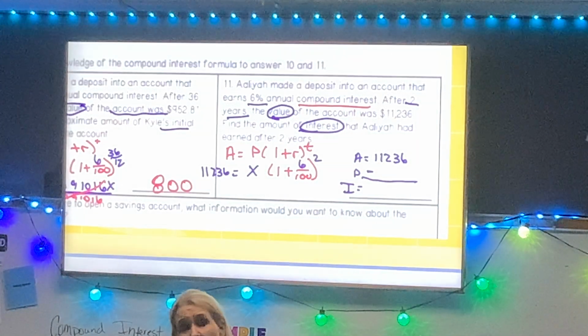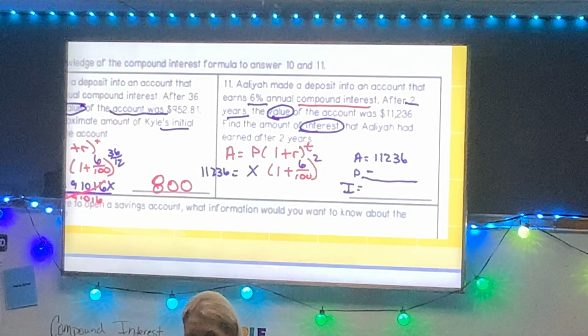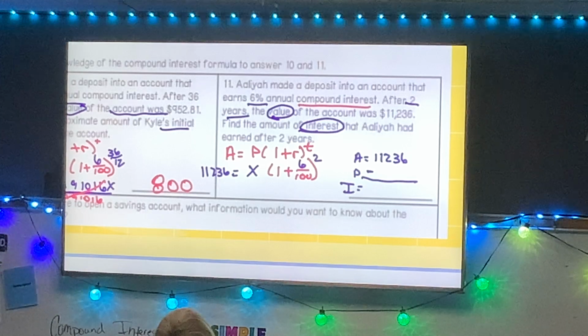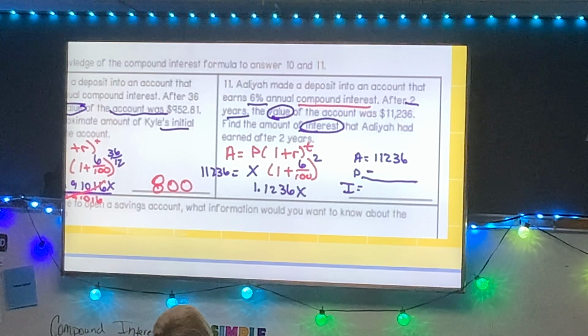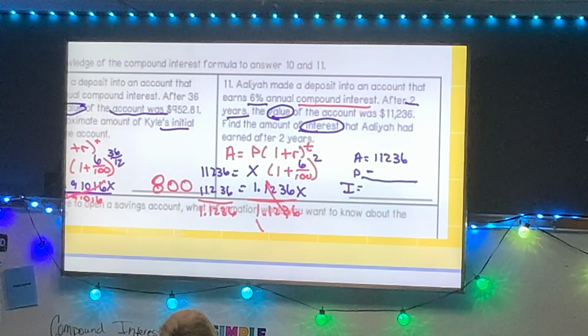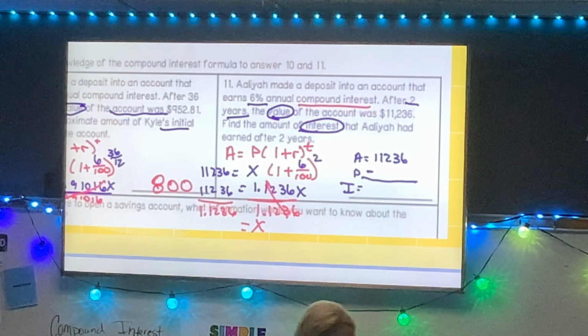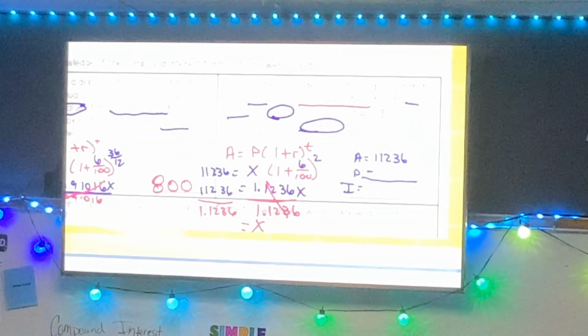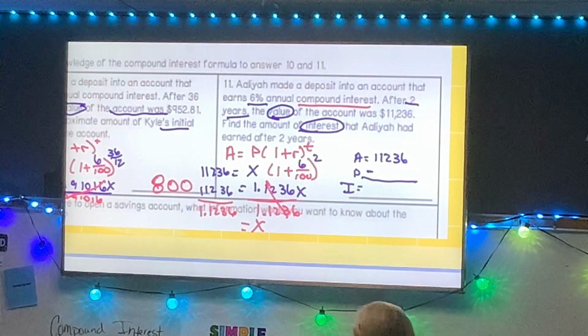To make a fraction to a decimal, hit math, and then decimal. 1.1236x. So I'm going to divide both sides by that beautiful 1.1236. That's the exact same number, just with the decimal in front of that one.